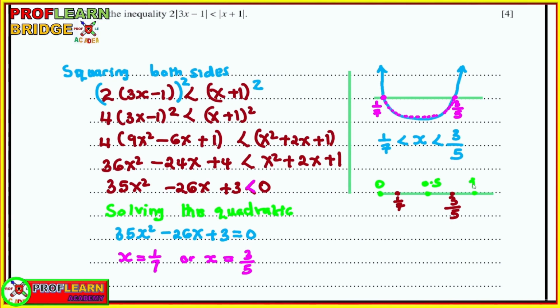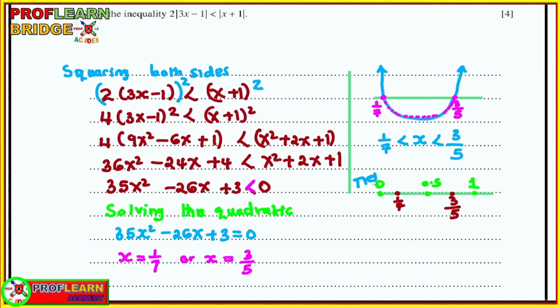I've selected 0 below 1/7, 0.5 between 1/7 and 3/5, and 1 after 3/5. We are going to try these values using the original inequality that we were given, 2|3x - 1| < |x + 1|.